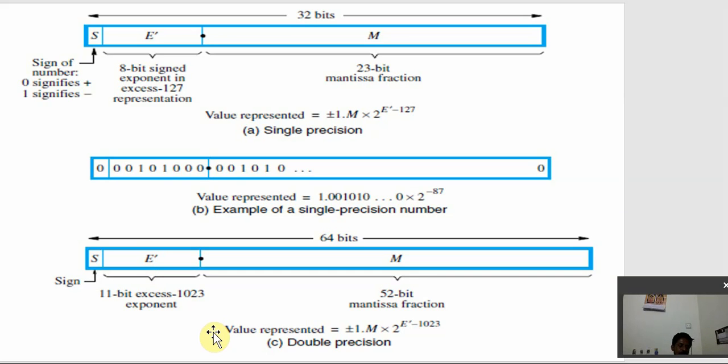Whenever you are representing this particular format, definitely we want to follow the normalization condition as well. In floating point representation, under the normalization condition, we have overflow and underflow.